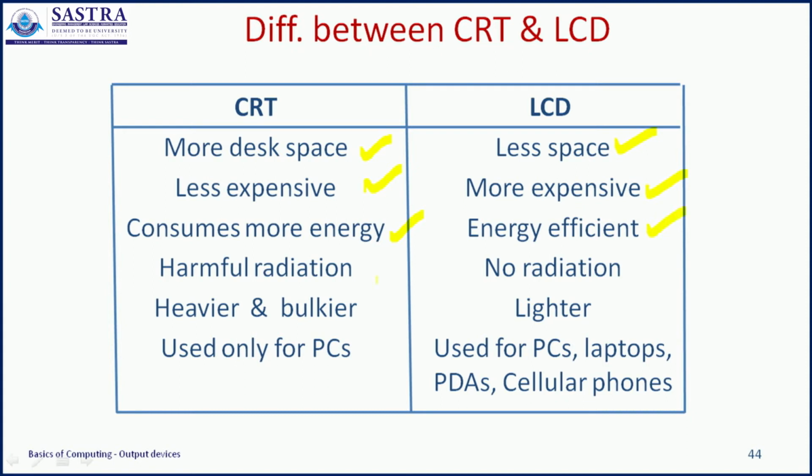CRTs give rise to harmful radiations which cause infection to the eyes, whereas there is no radiation from LCDs. CRTs are heavier and bulkier, whereas LCDs are lighter. CRTs were used in TVs and PCs. Nowadays, LCDs are being used in PCs, laptops, PDAs, and cell phones. These are the differences between CRT and LCD.